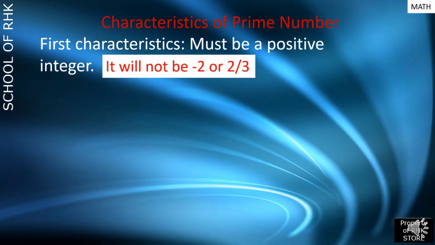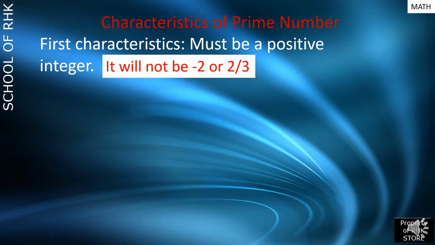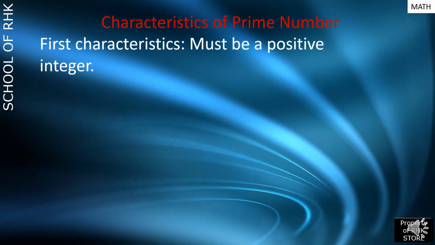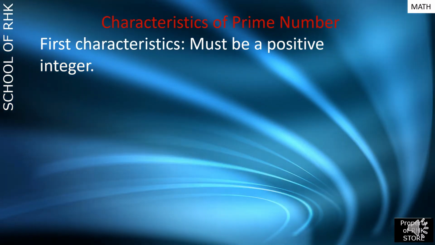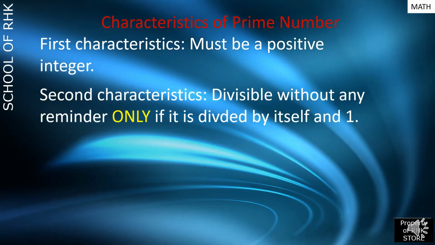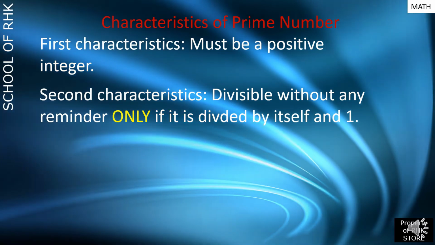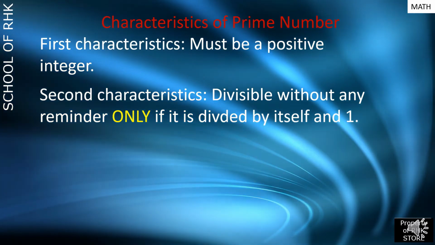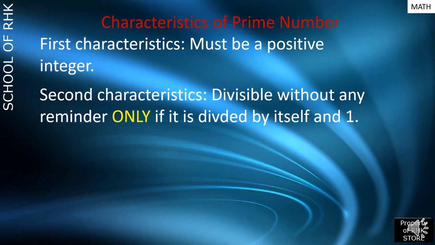It means neither it can be a negative number nor a fraction. The second characteristic of a prime number is that it will be divisible without any remainder only if it is divided by itself and 1.